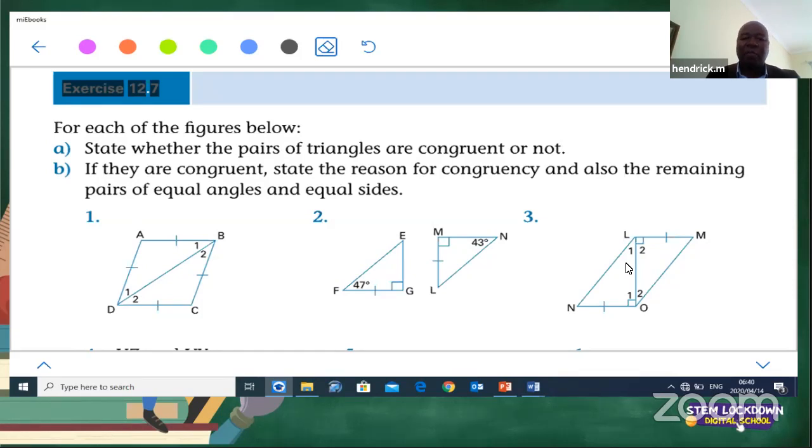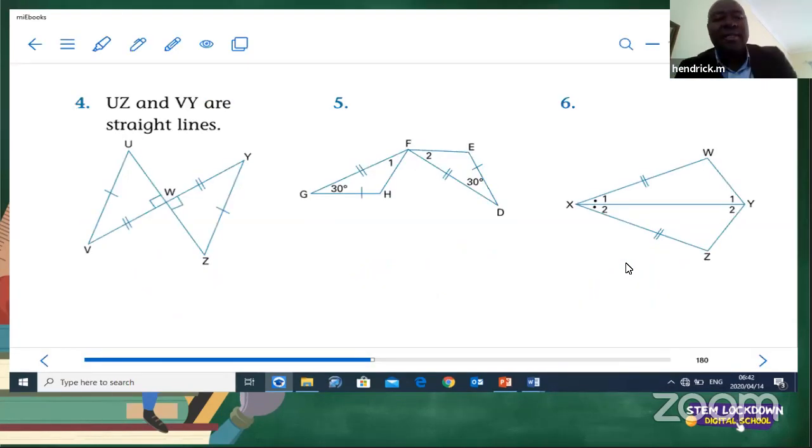And of course, the last pair of triangles, 4, 5, and 6, equally. We can make a conclusion there with the first one. If you can see, UZ and VY are straight lines. Now, you are given that VU is equal to ZY.